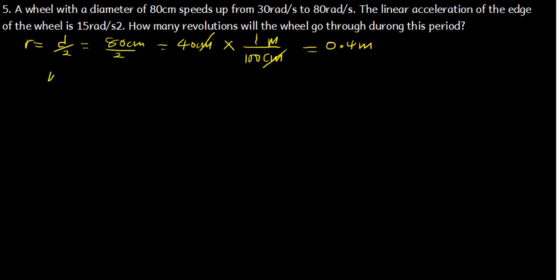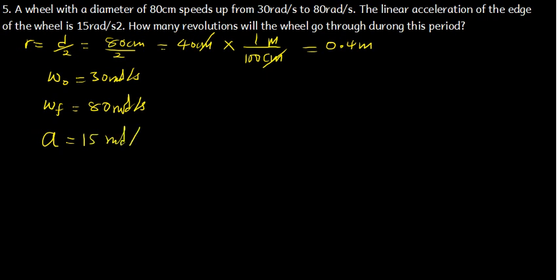What else do we have? The initial angular speed, 30 radians per second. The final angular speed is 80 radians per second. And then the linear acceleration of the edge, which we've been given as 15 radians per second squared.